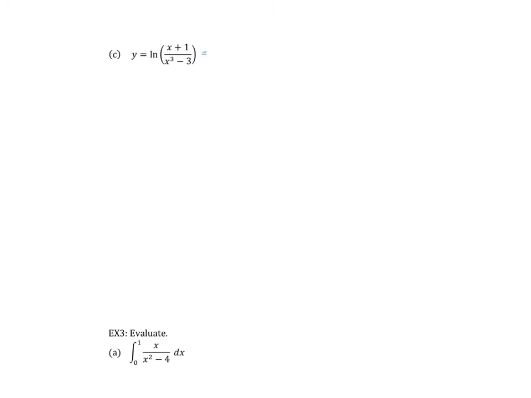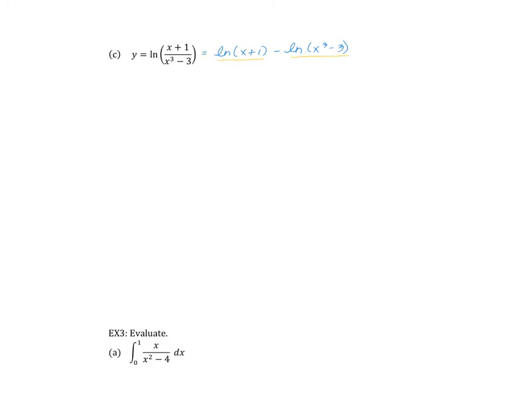What I'm going to do first is use my properties of natural log to separate this into the natural log of x plus 1 minus the natural log of x cubed minus 3. So now it's just a process of finding the derivative for each of those pieces separately.